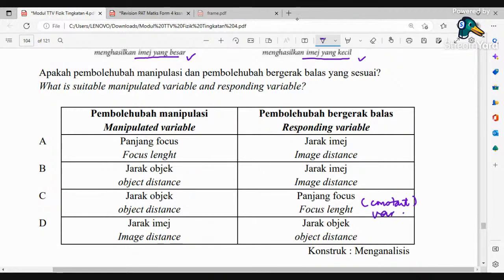Same length. Ini constant variable, sorry. Okay, tadi saya dah mention tadi, if object distance, size of image, better juga ialah height of image, tapi dia tak ada. So the best answer should be B ya. Manipulated variable, object distance, responding variable, image distance. Okay, fixed variable sepatutnya focus length ya.